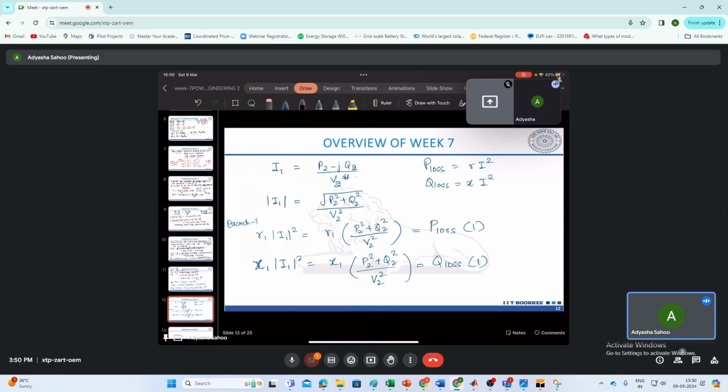P loss in branch JJ, with receiving end M2 and sending end M1, is RJJ into PM2 square plus QM2 square divided by VM2 square.